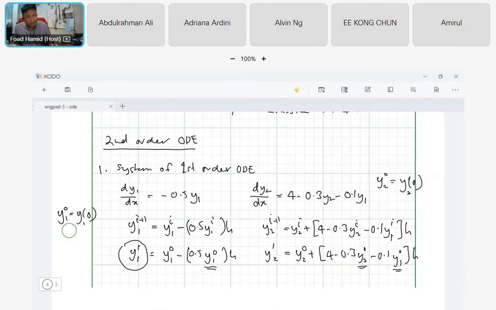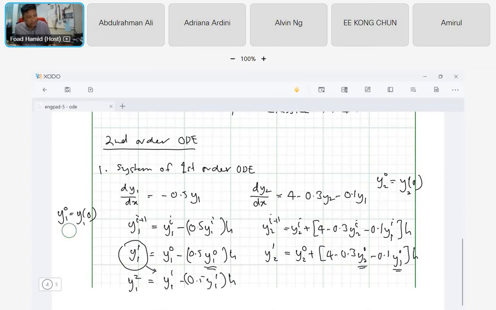Now we can continue. For the second iteration, y1 at 2 equals y1 at 1 minus 0.5 y1 at 1 times h. This one comes from this.